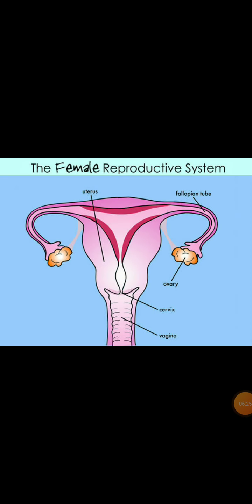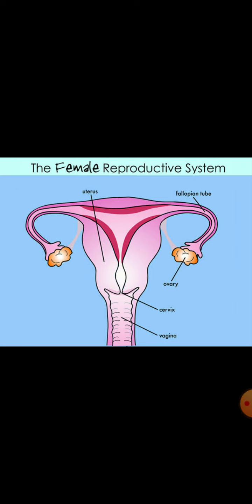Then there are the cervix and vagina. Through the cervix, the uterus opens into a tubular structure called the vagina. So these are the organs of the female reproductive system.